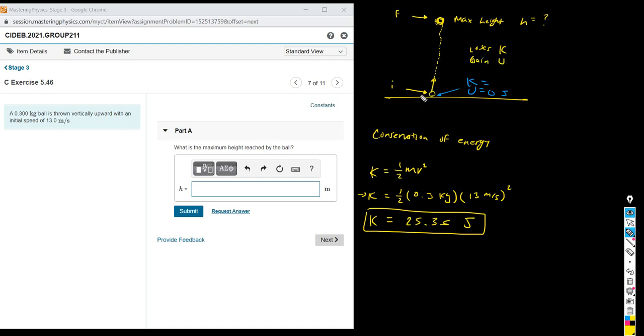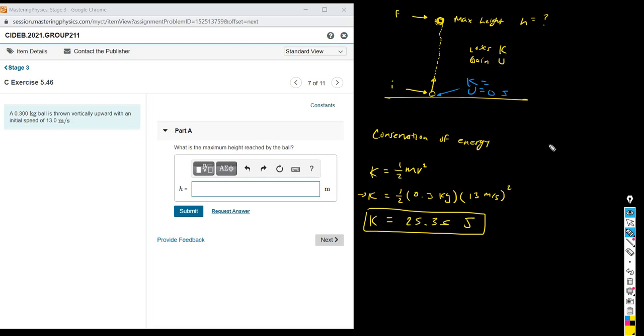Why? Because obviously the ball is gonna reach a greater height, and you know that the greater the height, the more potential energy a particle has. So it loses kinetic energy, but it's gonna gain the same in potential energy. You see my point? Whatever energy it loses in kinetic energy, that's the same amount that the ball will gain in potential energy.